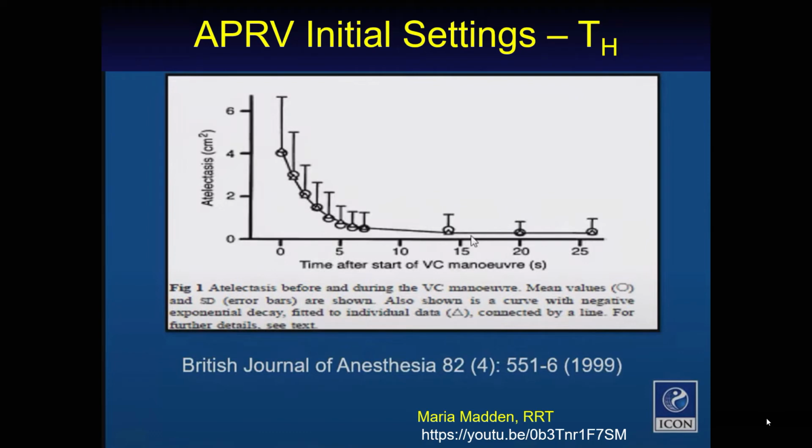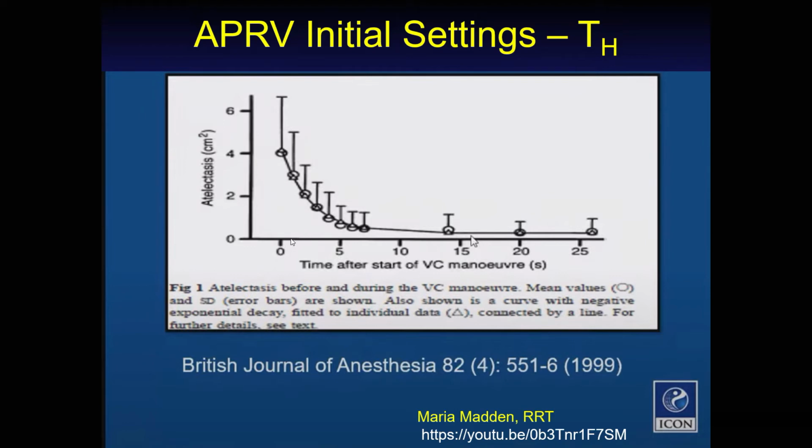Here's a paper out of the European literature where you can see significant benefits logarithmically demonstrated here with a difference between a T high, if you will, or a time that the lungs are held at a pressure.